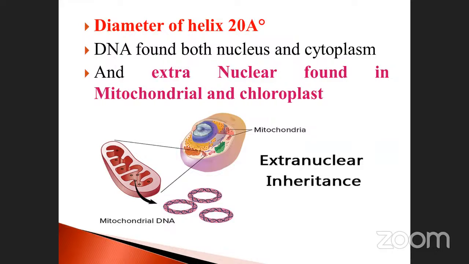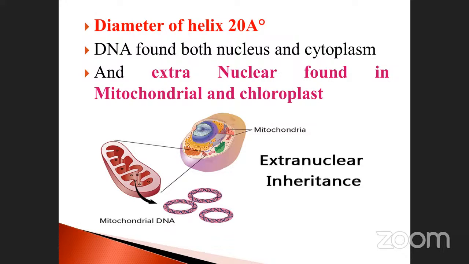They are called extranuclear. See here, the DNA is found in both nucleus and cytoplasm. Nucleus we already know. In the cytoplasm, the extranuclear DNA is found in the mitochondria and chloroplast.